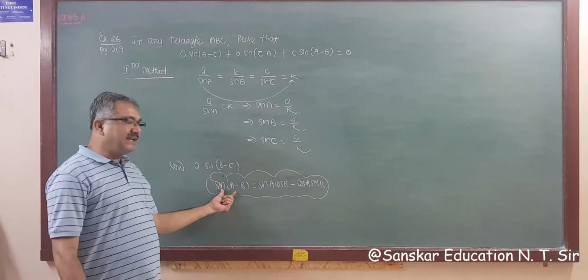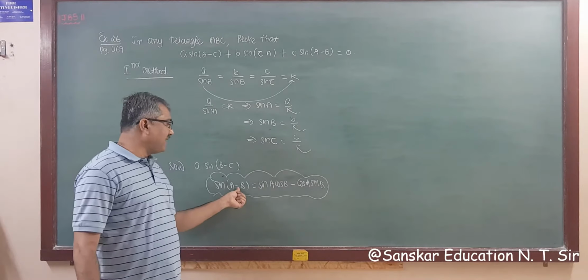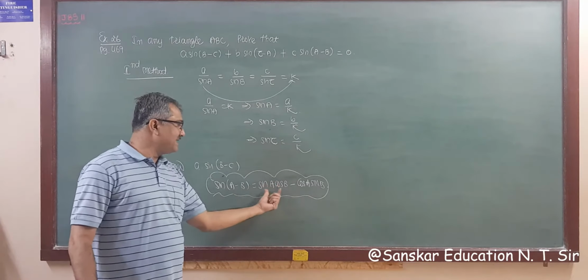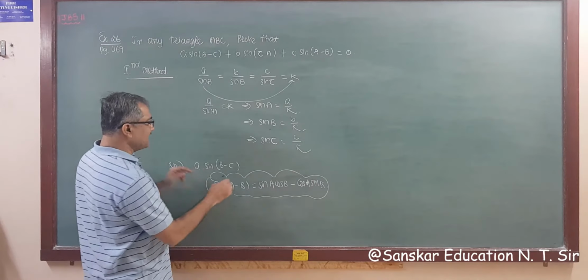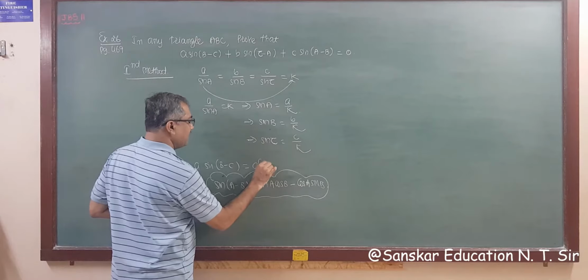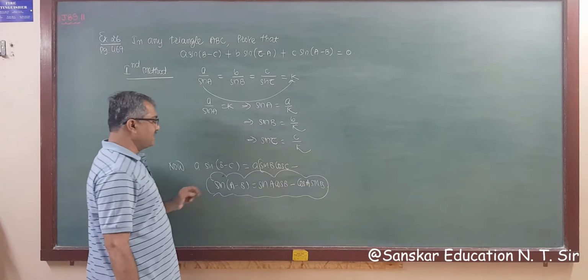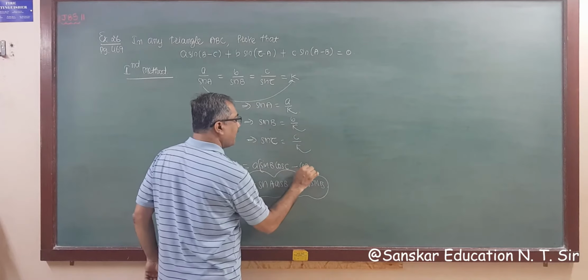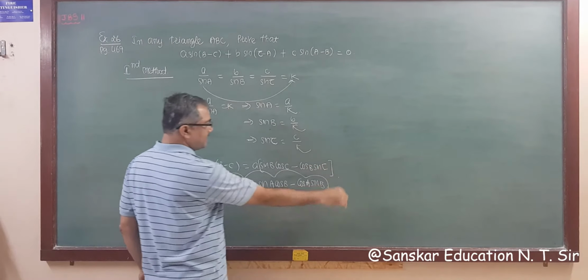Sine A minus B means sine cos, cos sine, sine means same, then minus, then cos sine, then write down this angle in both places. Right? So applying this formula, what we get? A into bracket sine B cos C minus cos B sine C. This is the answer.